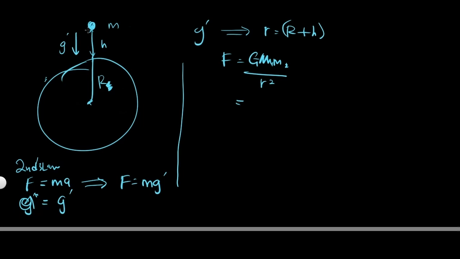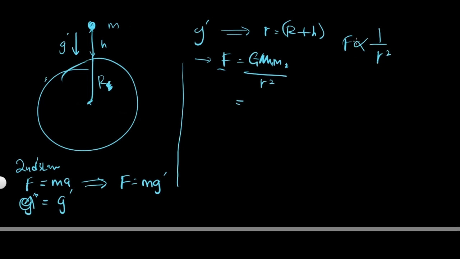Although it is not at the surface of Earth, it still experiences the gravitational force due to the gravity of the planet. But of course, the magnitude of the force will be weaker, since the distance becomes larger. Remember, the gravitational force is inversely proportional to the square of the distance.